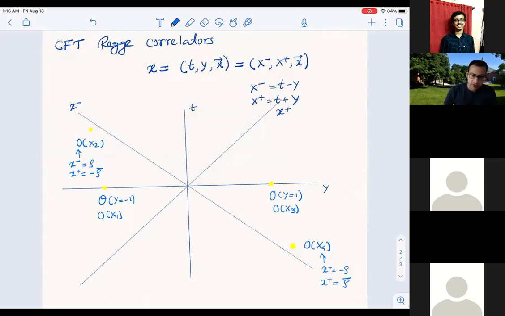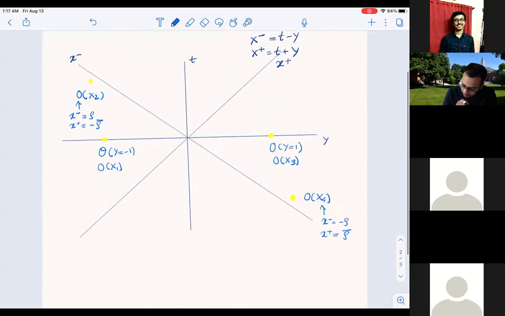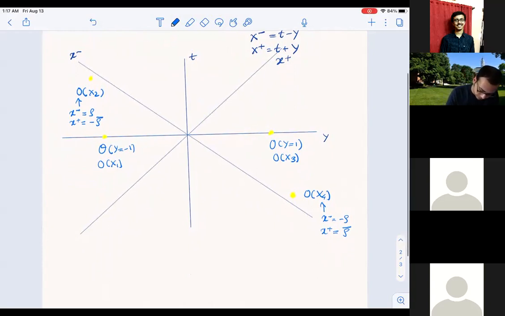So this is the configuration. Okay. So I have a 4-point function, which is a function of rho and rho bar, because the two O operators are at -1 and +1. So we have this particular 4-point function.